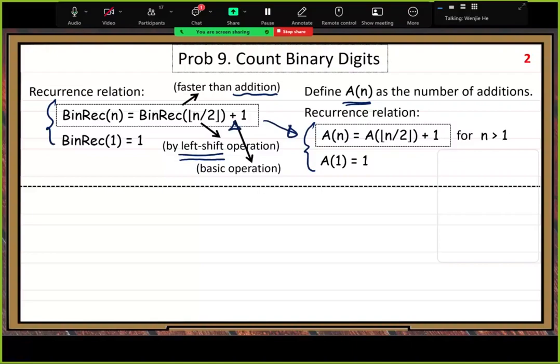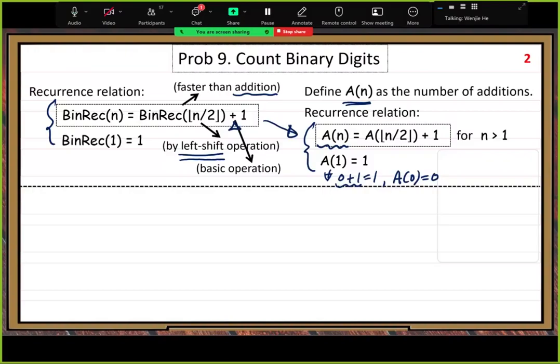When n equals 1, A of 1 equals 1, because this corresponds to 0 plus 1 equals 1, so one addition from the starting point 0. Or we can say A of 0 equals 0. That is the base case.